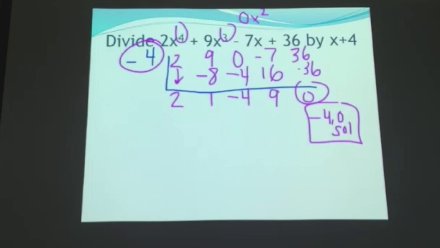Let me give you a moment to rewrite. What are we left with? So practice rewriting. Take your quotient, rewrite it.